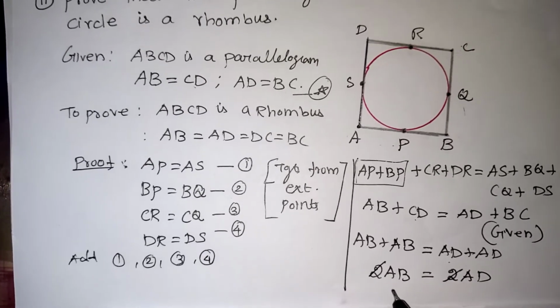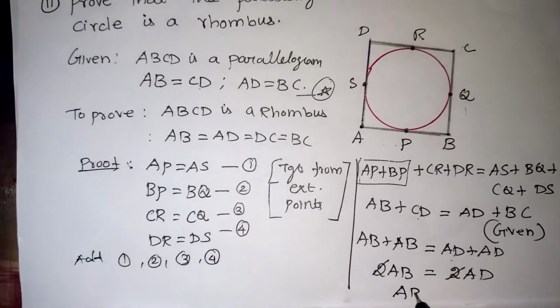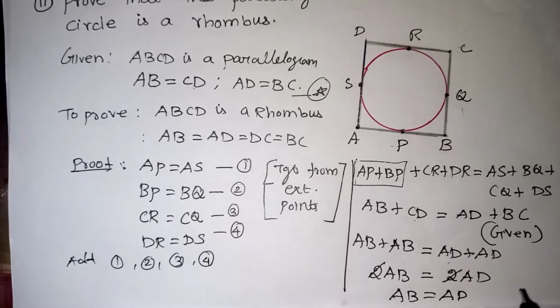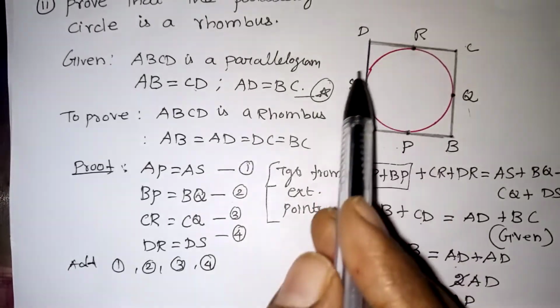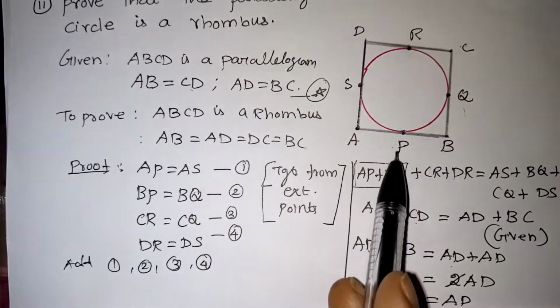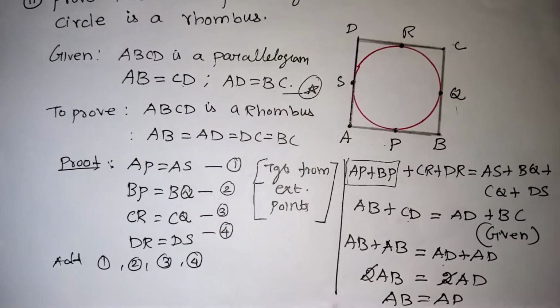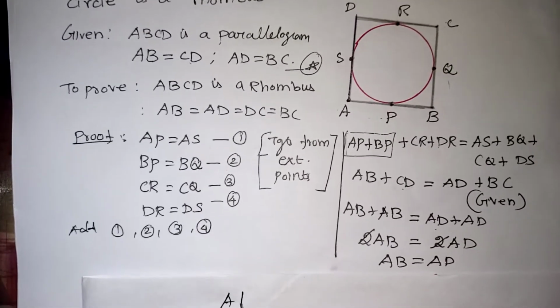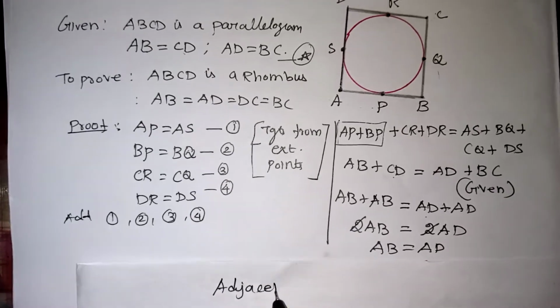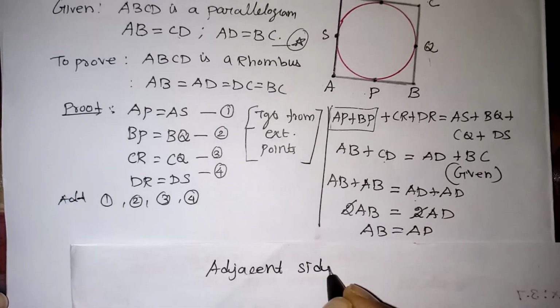The 2s get cancelled, so AB is equal to AD. So we got two adjacent sides equal. We already know that opposite sides are equal, and now adjacent sides are also equal. Since adjacent sides are equal, all the sides will be equal.